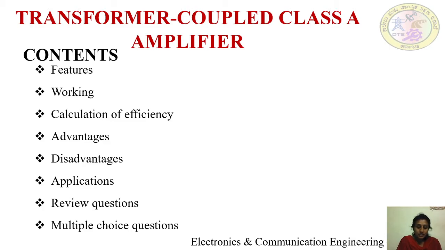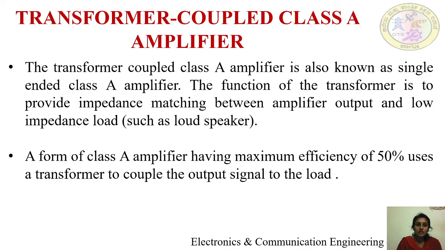In transformer coupling, the transformer is used as the coupling device. The coupling provides the same two functions, that is, to pass the signal and block the DC. But in transformer coupling, it also provides one more function, impedance matching.